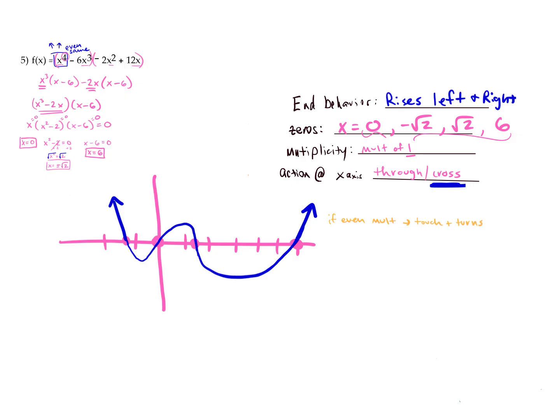So it doesn't have to be perfect. It doesn't have to be super pretty, but I need to see all of these things on your graph. I have to see the zeros, the end behavior, and the action at the x-axis. Remember, you're only ever going to touch the x-axis at your zeros. So if you end up doing something odd like this, where you touch it in other spots, it's going to be wrong.